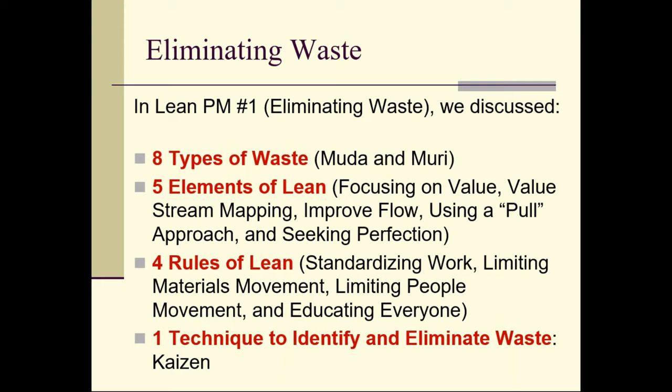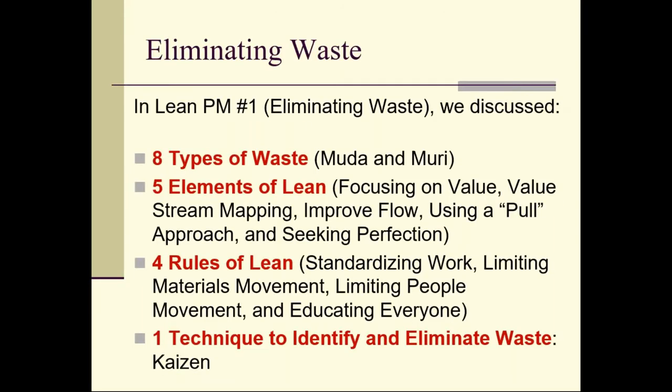We talked about the need to improve flow through the project, to improve throughput and flow, to reduce waste caused by inventory or work in progress and errors and things like that. Talked about using a pull approach and the idea of looking for perfection and how that can be very elusive and expensive and wasteful as well.